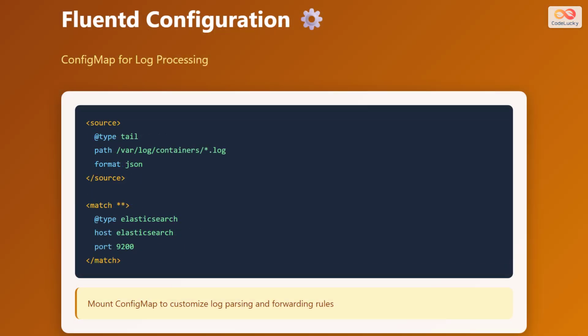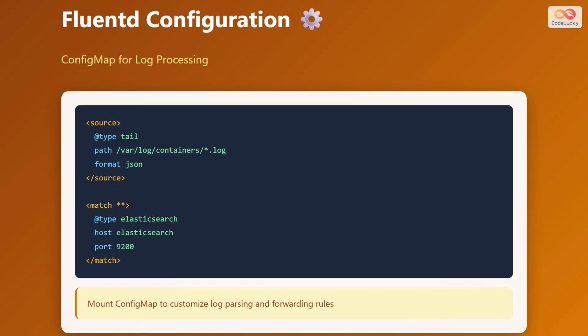Fluentd's behavior is controlled through configuration files typically stored in a config map. The configuration uses a tag-based system with source and match directives. The source section defines where Fluentd collects logs from. In this example, the type tail monitors log files in the /var/log/containers directory, where Kubernetes stores container logs.